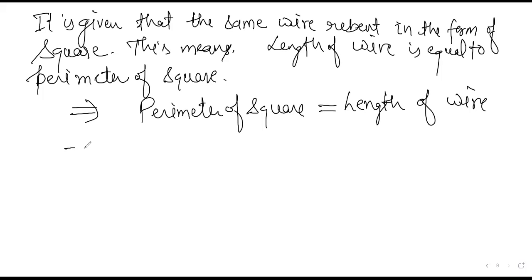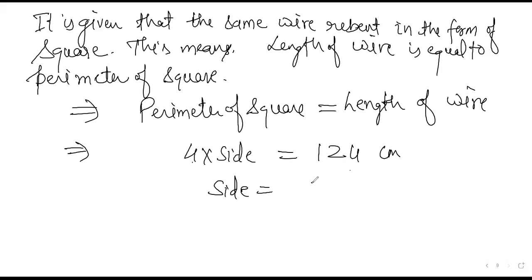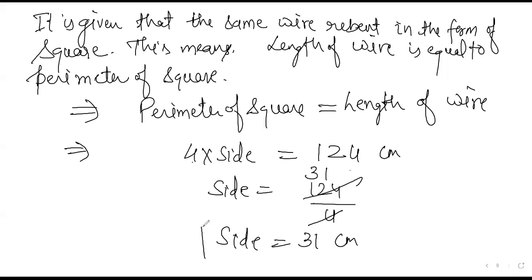Perimeter of square is 4 into side, and the length of wire that we got is 124 centimeters. Now 4 will divide this, so side will be 124 upon 4. 4 threes are 12, 4 ones are 4, that is 31 centimeters. It is the side of that square.